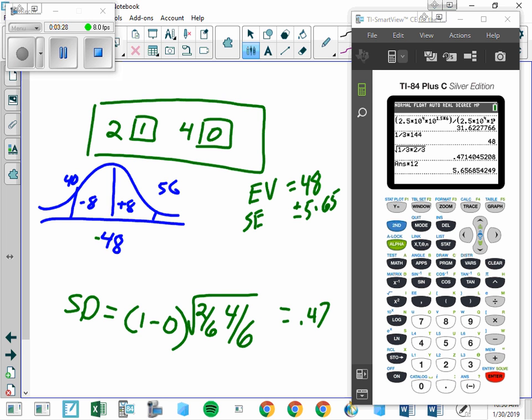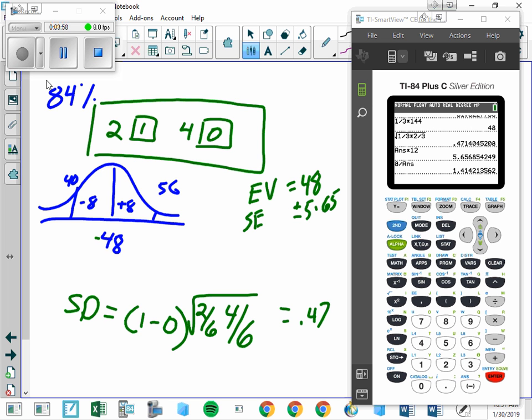That's nice because I can use the table. So I take 8 and I divide it by the SE, and I get 1.414. So that is my z-score. I look up 1.414 in the table and I get 0.84. So the answer is 84%.